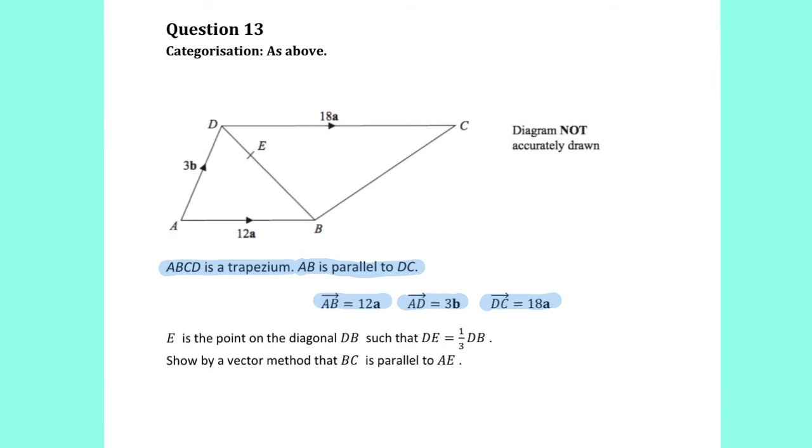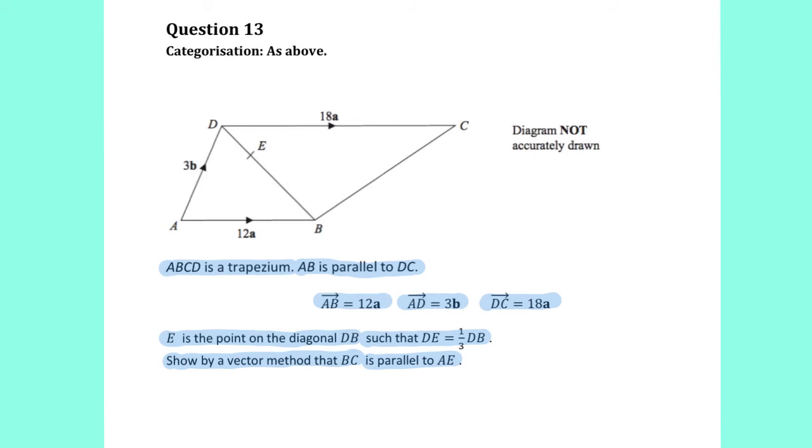We're also told that E is the point on the diagonal DB, such that DE is equal to 1/3 of DB. Show by a vector method that BC is parallel to AE.